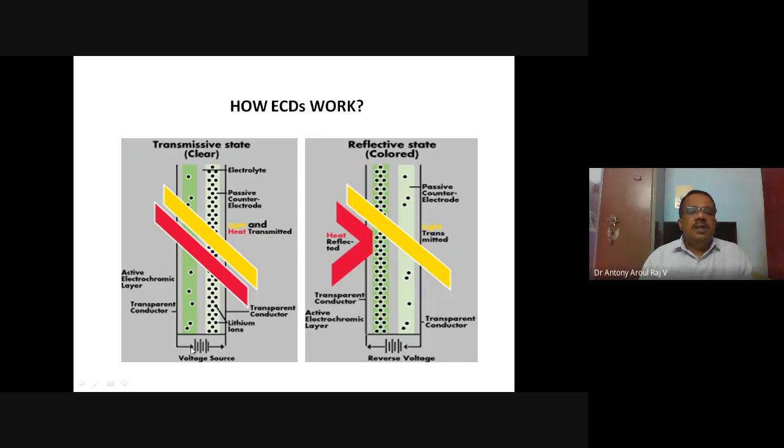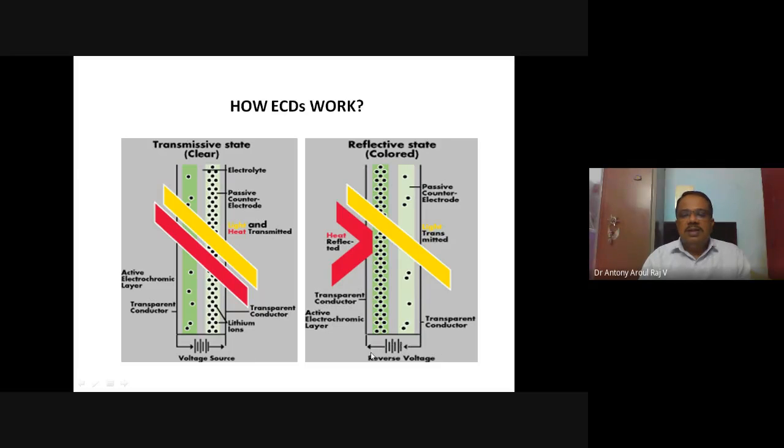When I give a voltage to this system in this direction, it is taking both the light as well as heat. That means short radiation as well as long radiation it is taking inside. Now I am reversing the voltage.